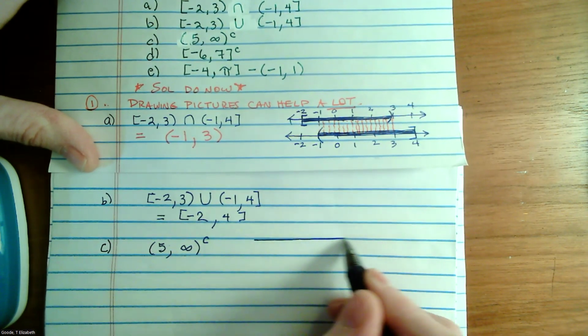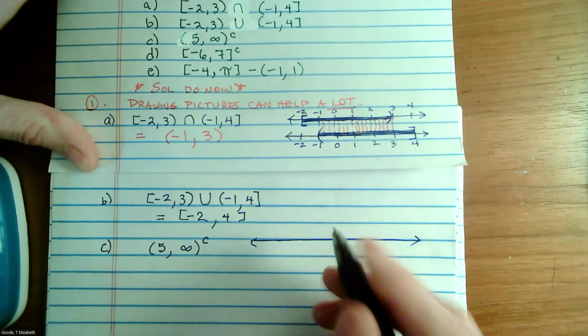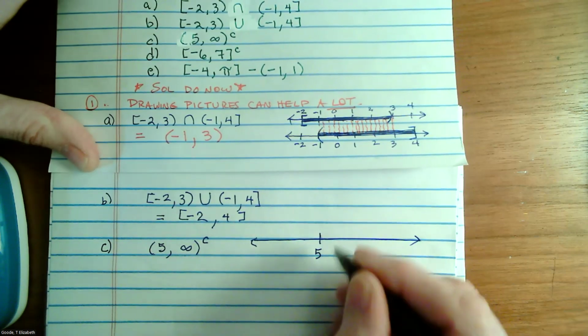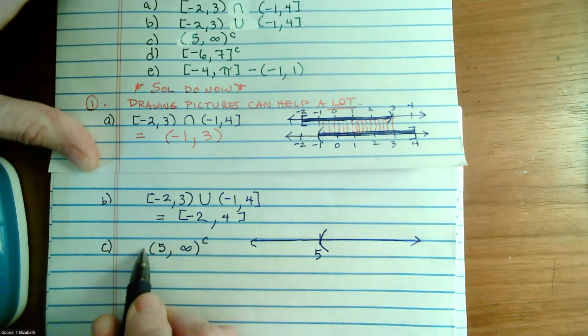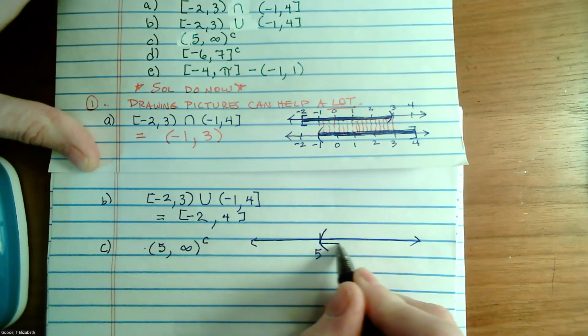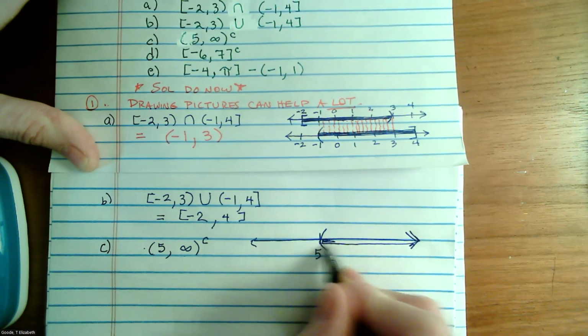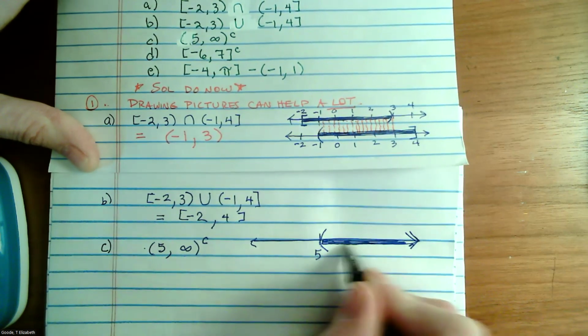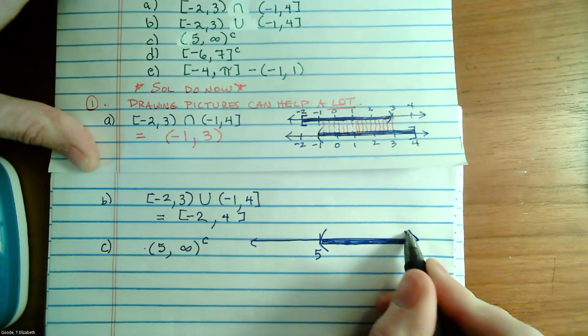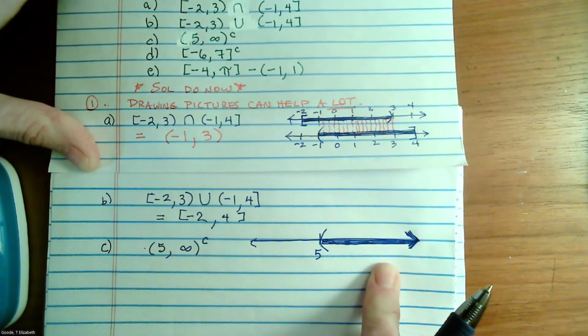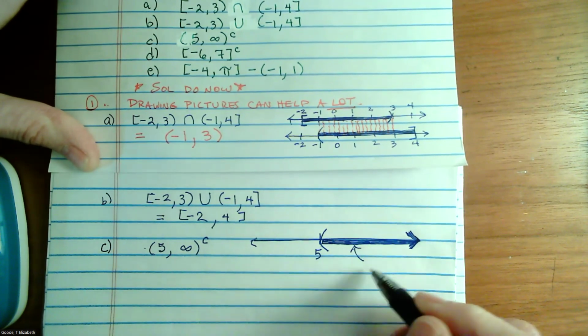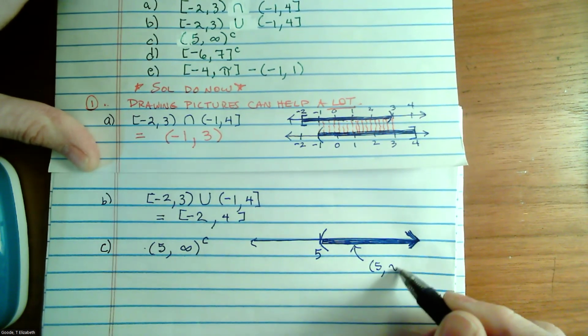So if we drew a picture of this set, here's 5, say, well, we're not going to include the 5 because we have soft bracket 5, but it's all of the numbers to the right of 5 that are bigger than 5. So we can just shade this whole area, and that would be a good representation of the set 5 infinity.